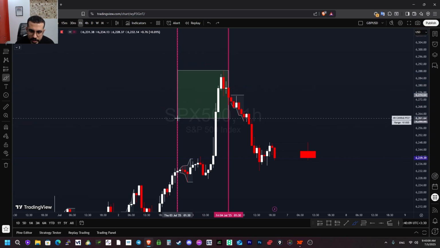So we know, based on level 2 data, that 68% of the entire day of Thursday was executed in this area. This area is called value area, and it's for Thursday, so it's a daily value area.